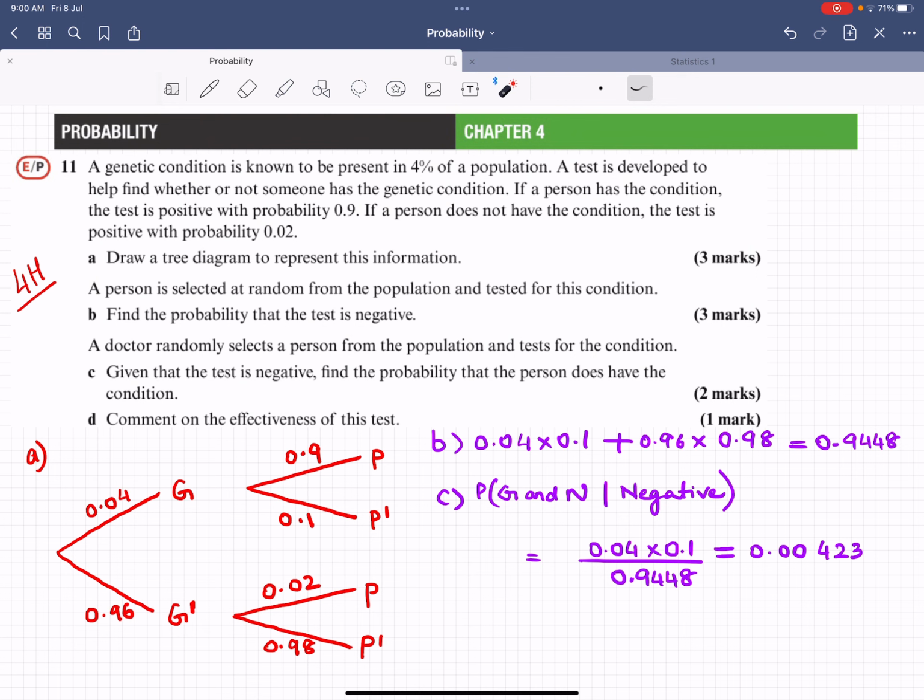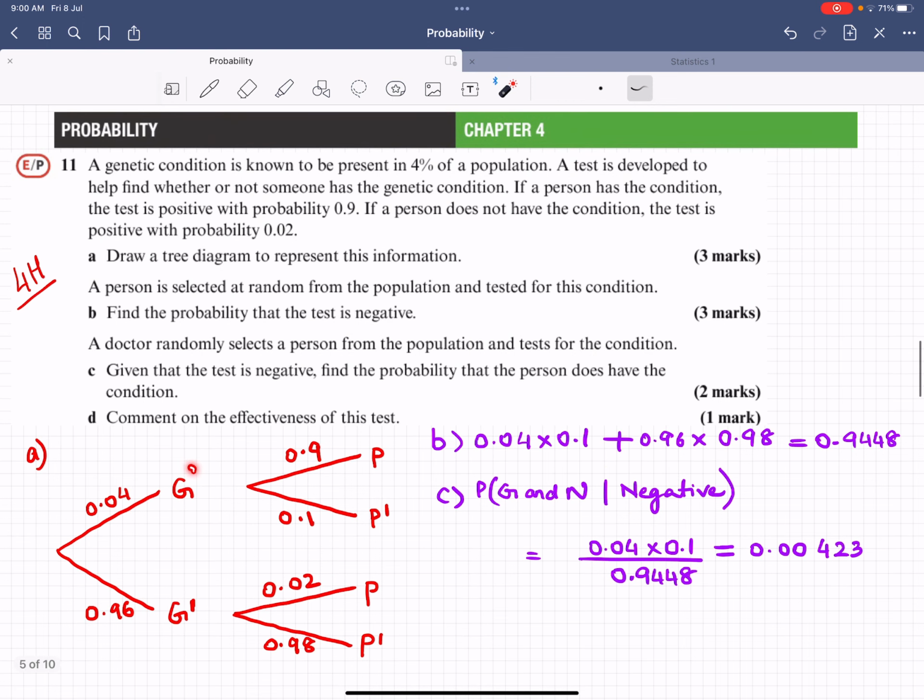So from all of those who actually had the condition, 10% were tested as negative. And from those who did not have the condition, 2% tested as positive. So this tells us that the test is not effective because it's giving us incorrect results to some extent.